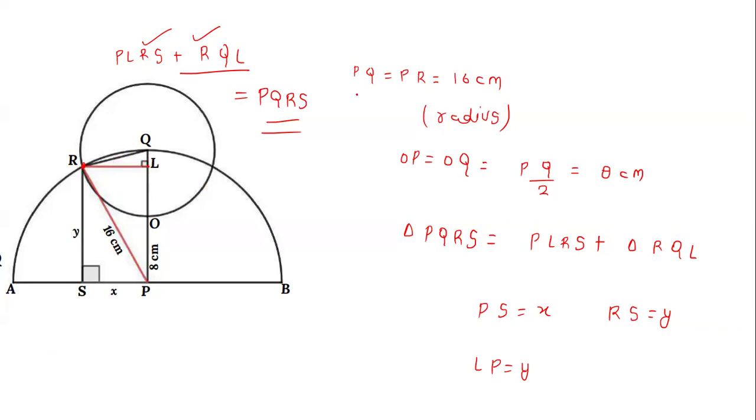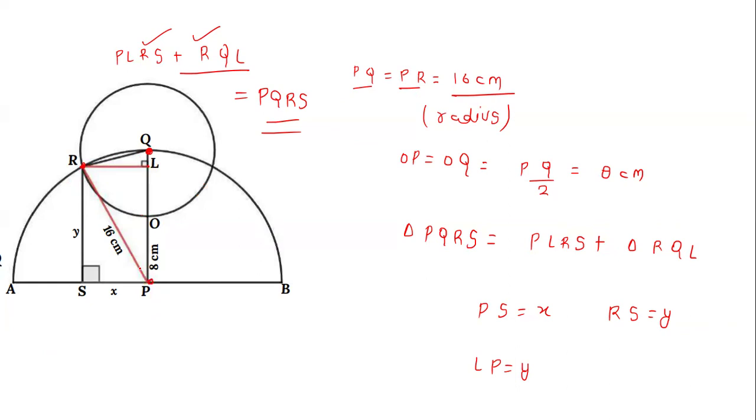So now let's say it is given in the problem that the radius of the semicircle is 16 centimeter. So this PQ and PR distance are 16 centimeter because they both are equal to the radius. Q point is also on the semicircle and R point is also on the semicircle, and P is the center.